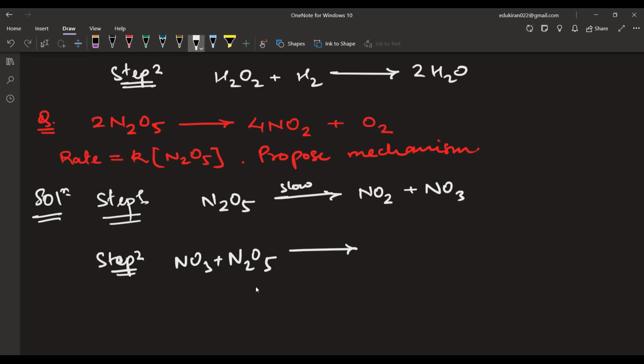So we have how many? 3 nitrogen. So 3 NO2 will be formed plus 6, 8 and O2 will be formed. This will be fast.